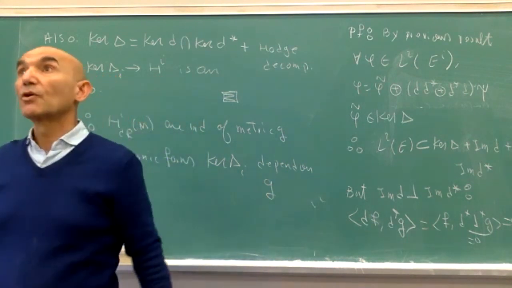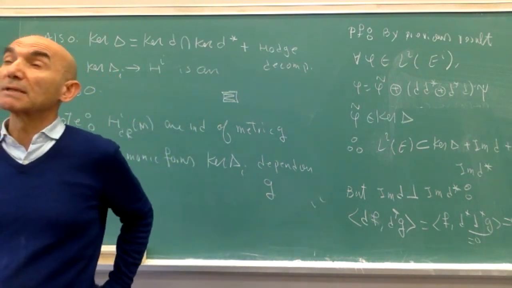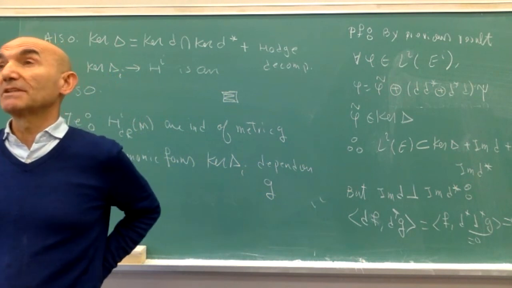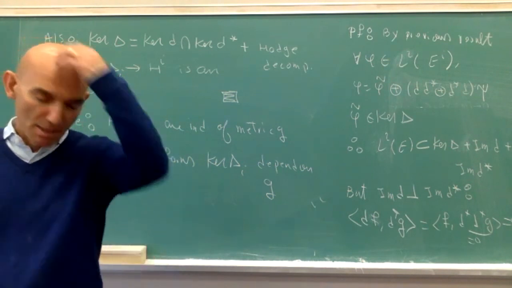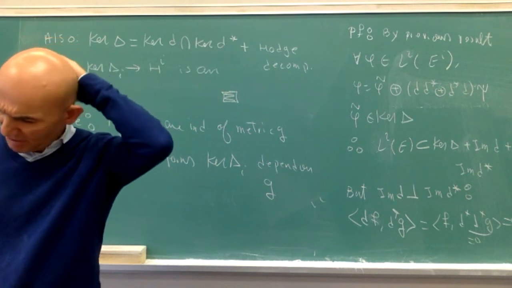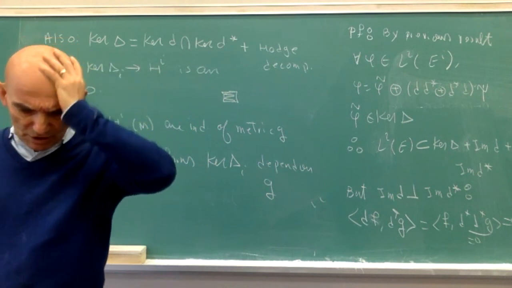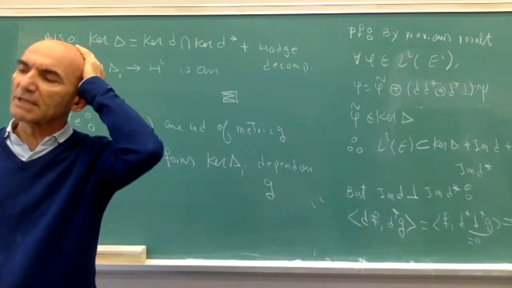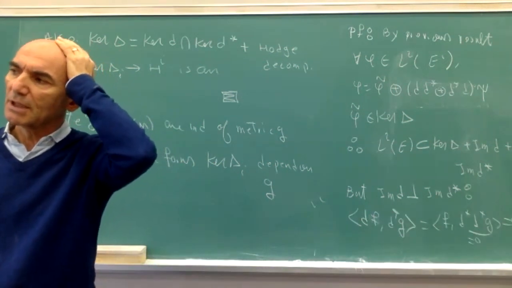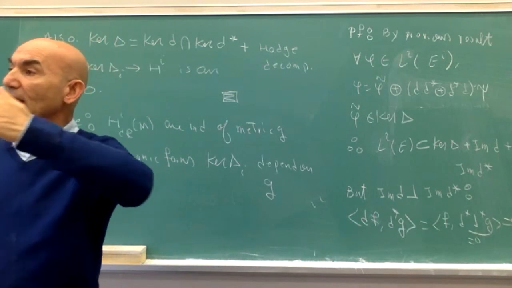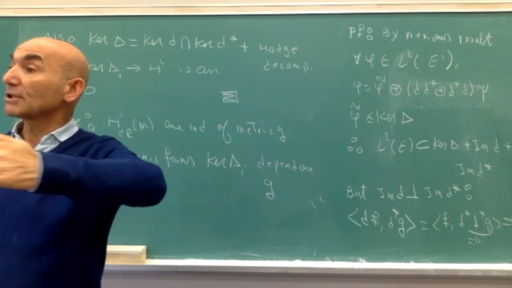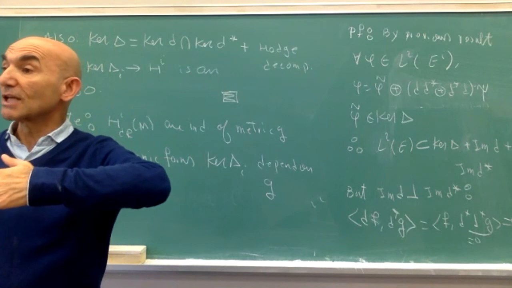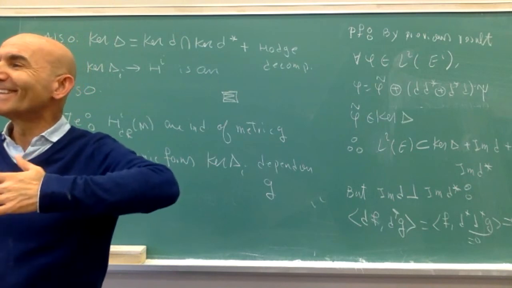I'm trying to think of a simple example. Of course, if you go to Riemann surfaces, you see it very clearly there. But maybe there are simpler examples. Maybe on the torus I can give some examples next lecture to show that if you change the metric, the space of harmonic functions changes, but its dimension doesn't.